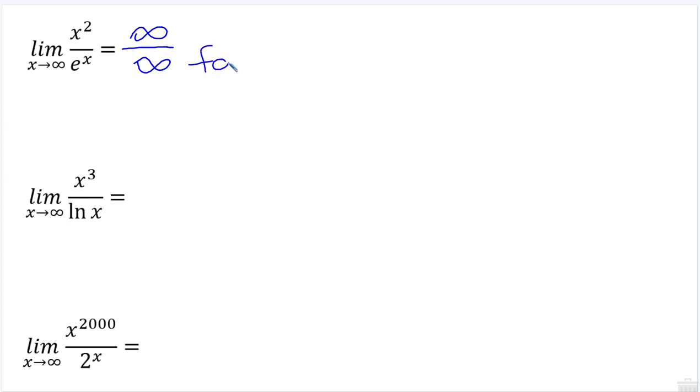Well, e to the x gets bigger faster, which effectively means that I've got a larger denominator than numerator. If the denominator is larger than the numerator, that thing is less than 1 and more than 0. And as the denominator gets bigger faster, it's getting smaller and smaller, which means it's going to start approaching 0. So if the denominator goes towards infinity faster than the numerator does, we end up with 0.